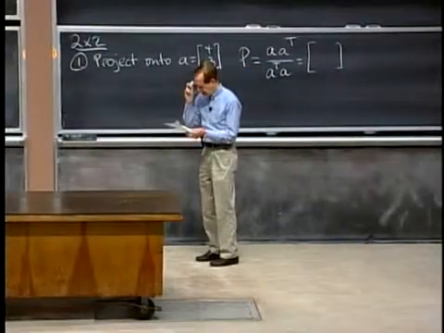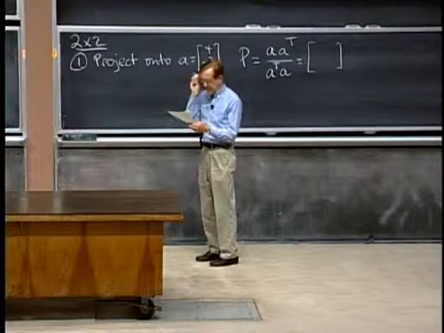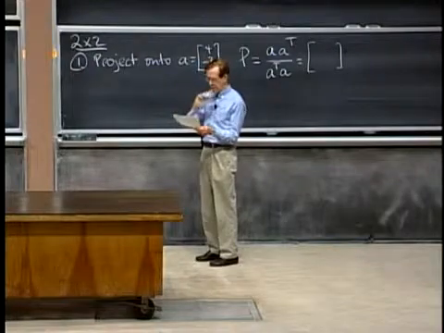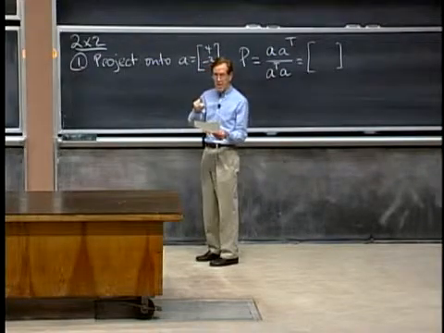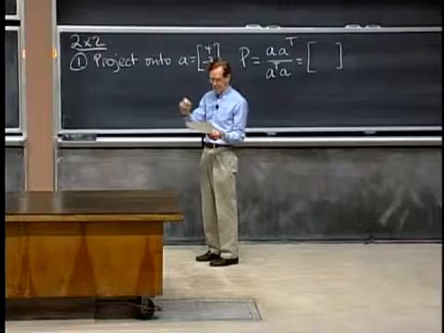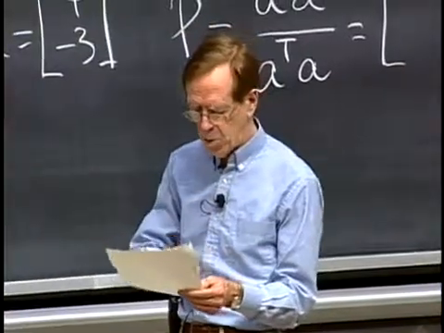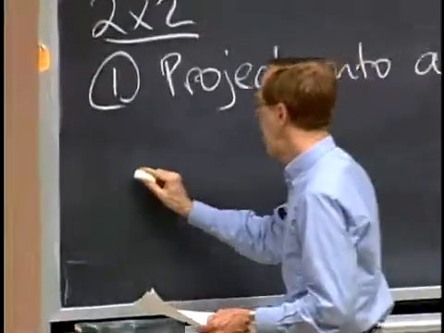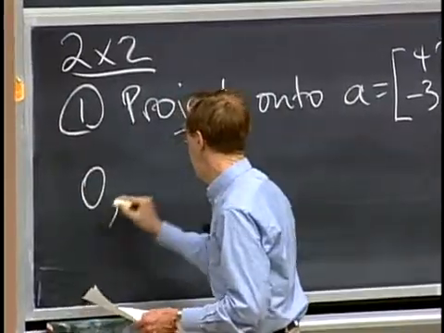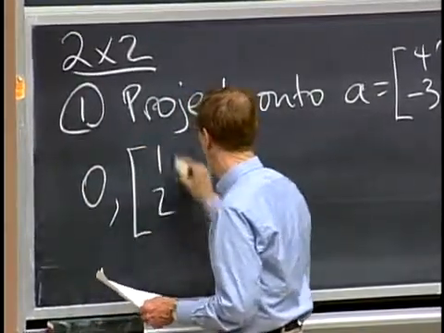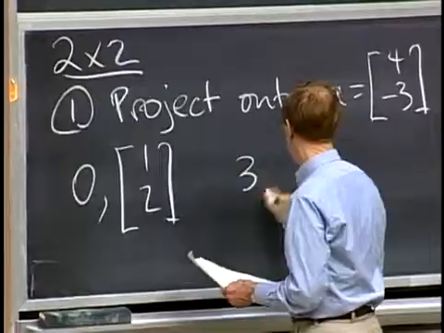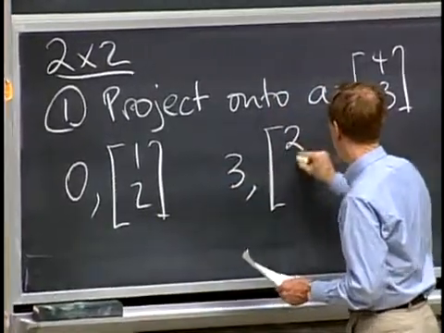Okay, number 2. The matrix that has eigenvalues 0, so this is a new problem. The matrix with eigenvalues 0 and 3 and eigenvectors, well, let me write these down. Eigenvalue 0, eigenvector 1, 2, eigenvalue 3, eigenvector 2, 1.